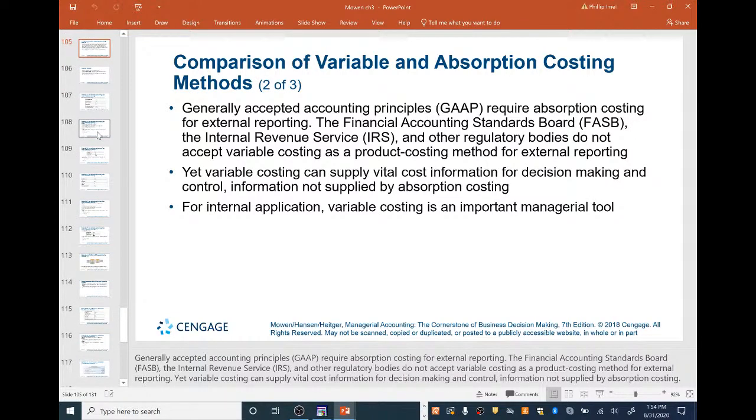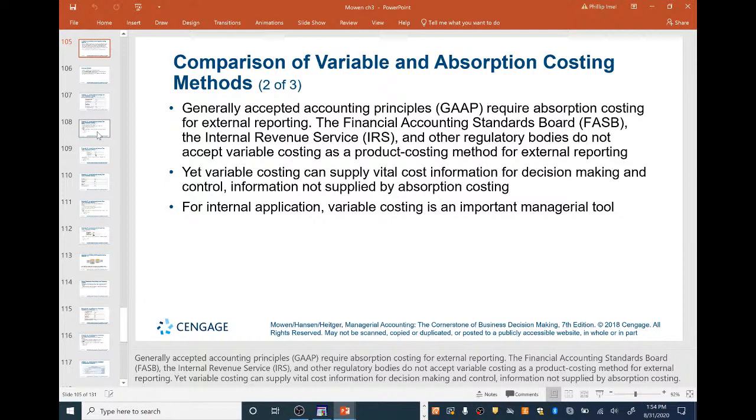Generally accepted accounting principles, otherwise known as GAAP, require absorption costing for external reporting. The Financial Accounting Standards Board, the FASB, and the Internal Revenue Service, the IRS, and other regulatory bodies do not accept variable costing as a product costing method for external reporting.